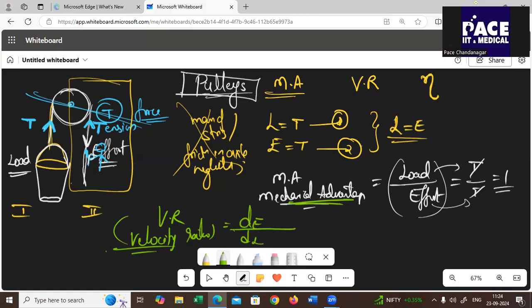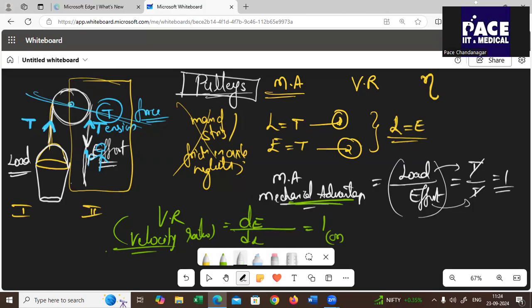As I'm moving the effort in the downward direction, what is the distance moved by this effort arm, and how much is the load arm moving upward? That distance is the same because it is around the pulley. If you move 1 meter downward, it will come 1 meter upward, right? So the distance of the effort by the distance of the load, both remain the same. So it is equal to 1, or I would say this is again 100% velocity ratio.